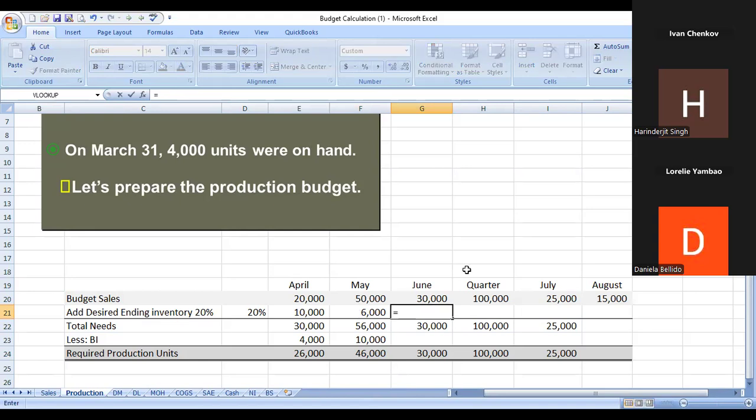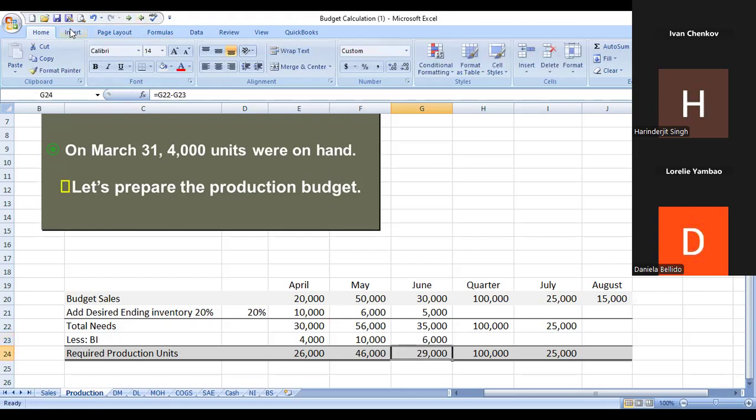That will be 25 times 20%. We need 5,000 units. In total, we need 35,000 units, but we already have, how many we have? 6,000. We have the 6,000 units, which coming from here.